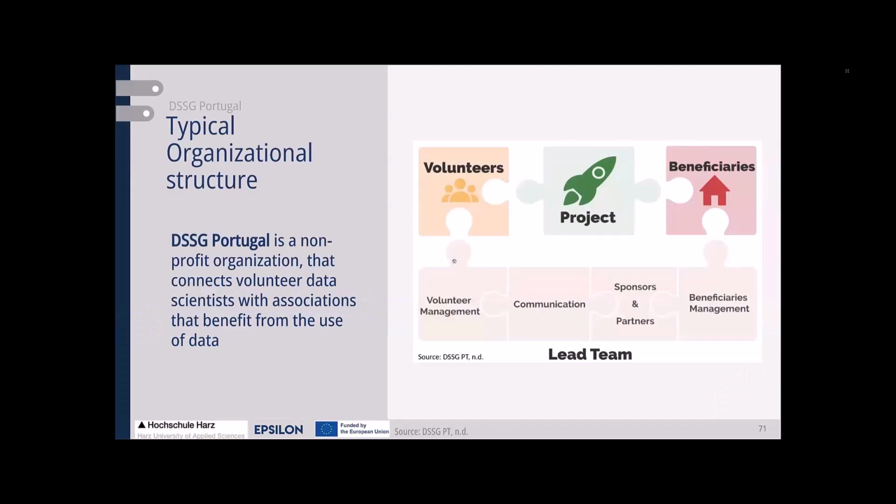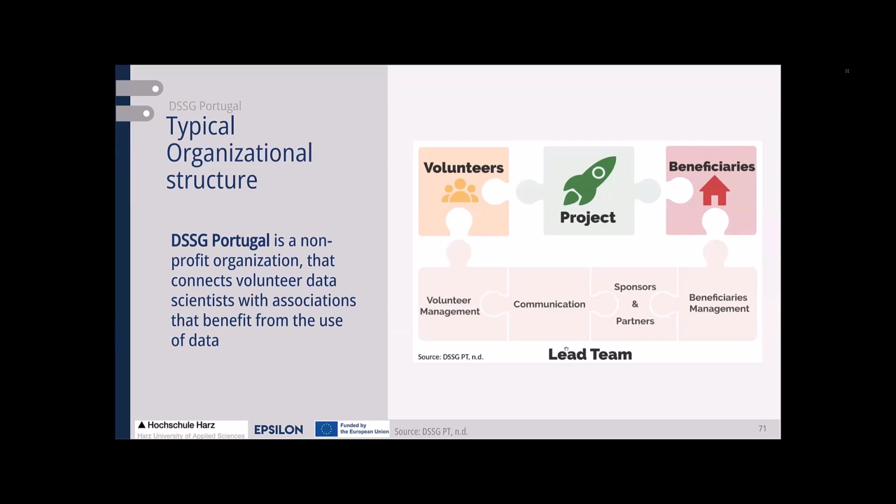The typical organizational structure of a project is as follows. If we draw on DSSG Portugal, it is about the connection between volunteers and beneficiaries that are connected via a project. That means you do have a so-called lead team.